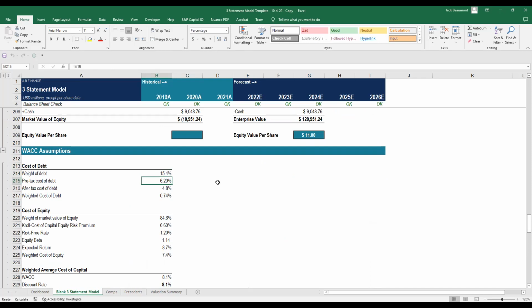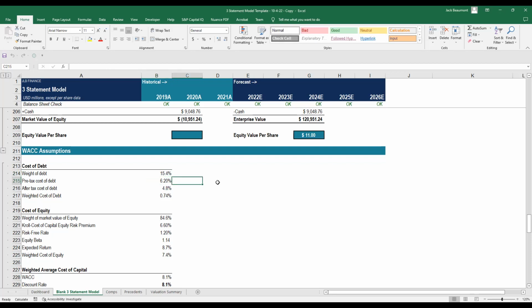The weighted average cost of capital takes the weighted average cost of your debt and your equity to find an average discount rate for the firm that can be used for discounting the cash flows back to present value and identifying the enterprise value of the firm. So the debt is relatively easy.